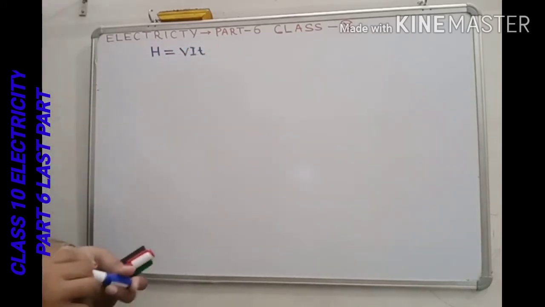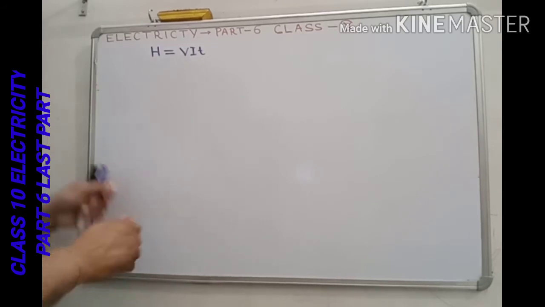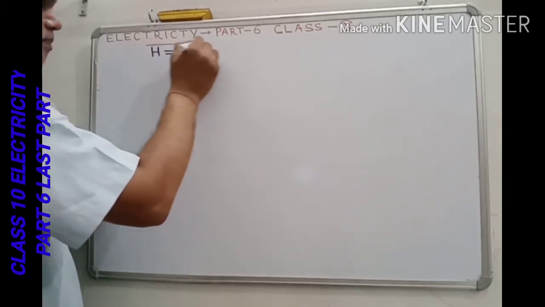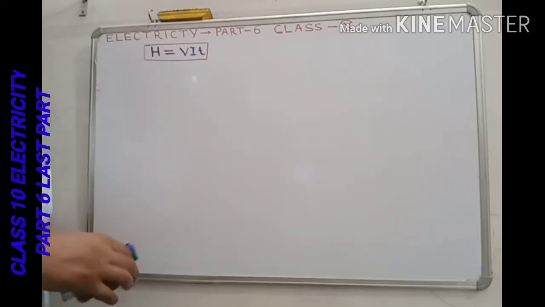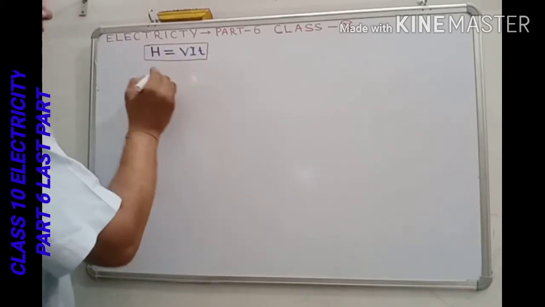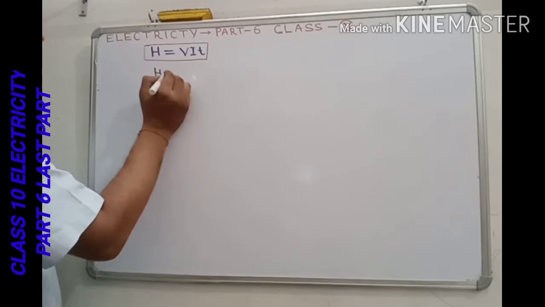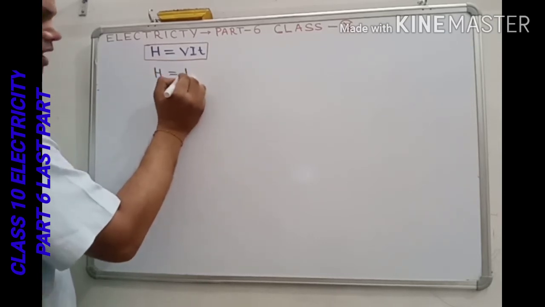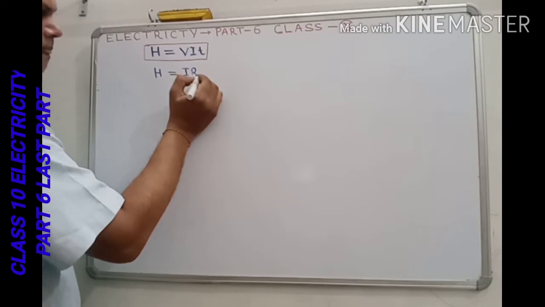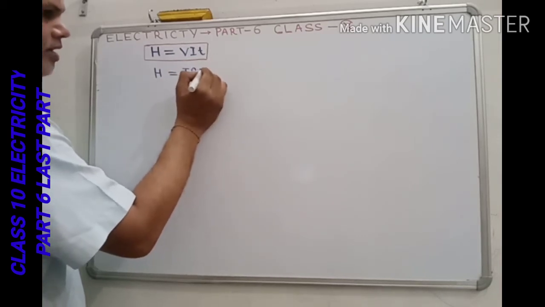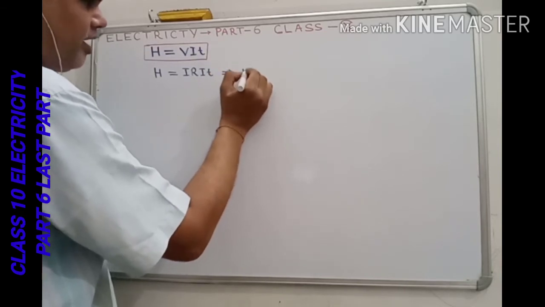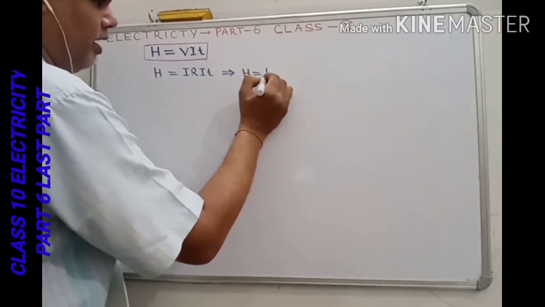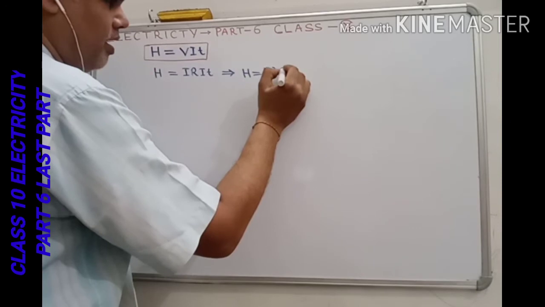According to Ohm's law, we can replace V by IR. So H equals I times I R times T, which becomes H equals I square R T.